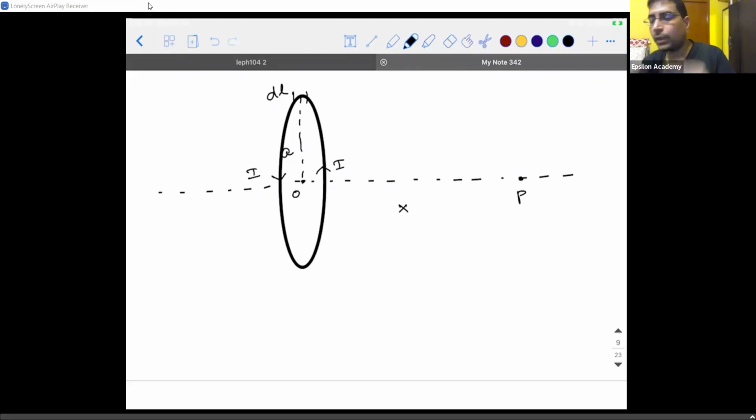If I take a small current carrying element of length dl on the top of the conductor, what is going to be the direction of magnetic field at point P? That's what we need to answer.